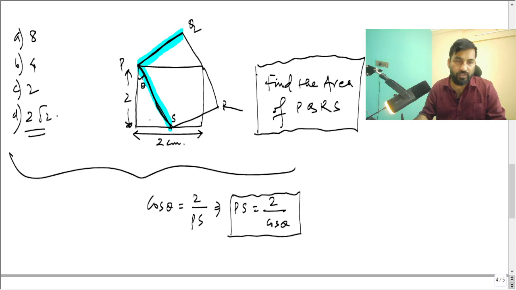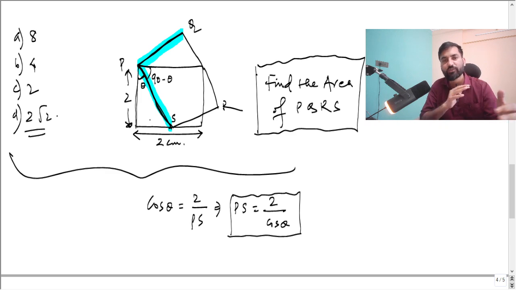Now since it is theta, and since it is a square, this angle is going to be 90 minus theta. Because in a square, the angle between two sides has to be 90 degrees, है ना। स्क्वायर के केस में जो एंगल होता है दो साइड के बीच में हमेशा 90 डिग्री होता है। तो अगर कोई आपसे पूछता है कि what will be the angle of this, so in the case of a rectangle also, the angle between two sides is 90.